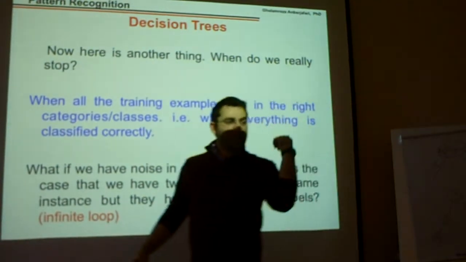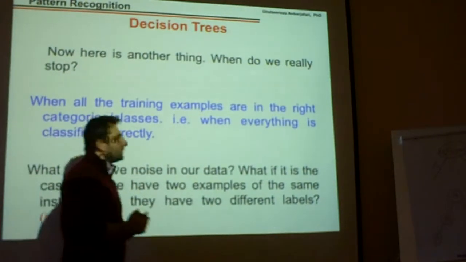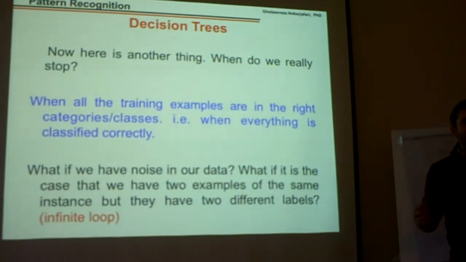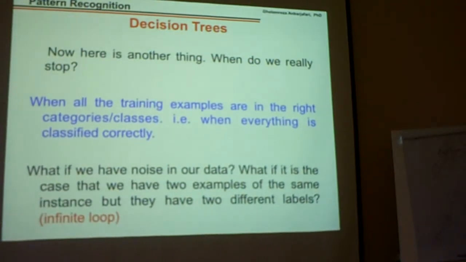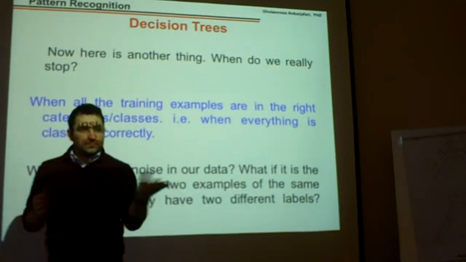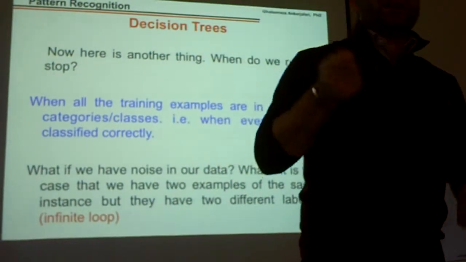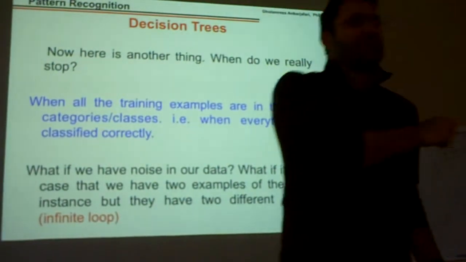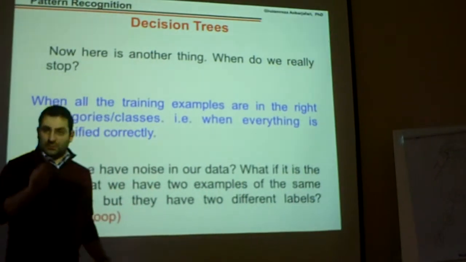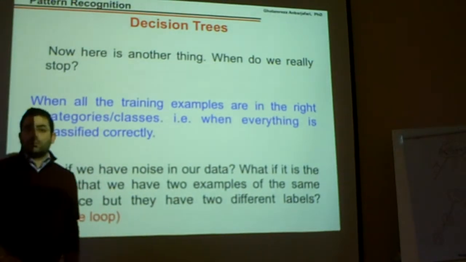We understand that in the last slide we have written that when the training examples are perfectly classified, it means that this is the stopping point, right? Do you agree? I have a good training and I make a tree in a way that for the training I get 100% recognition and classification. So this is the stopping condition. This is absolutely good.